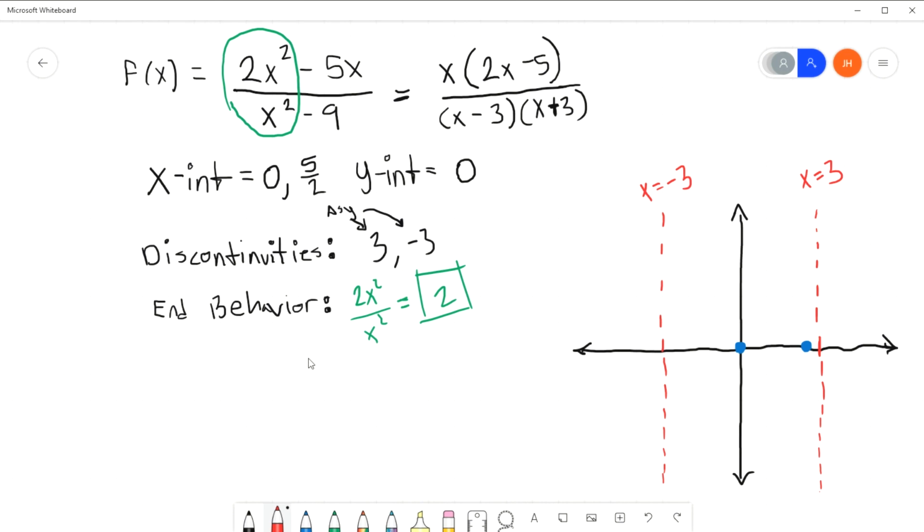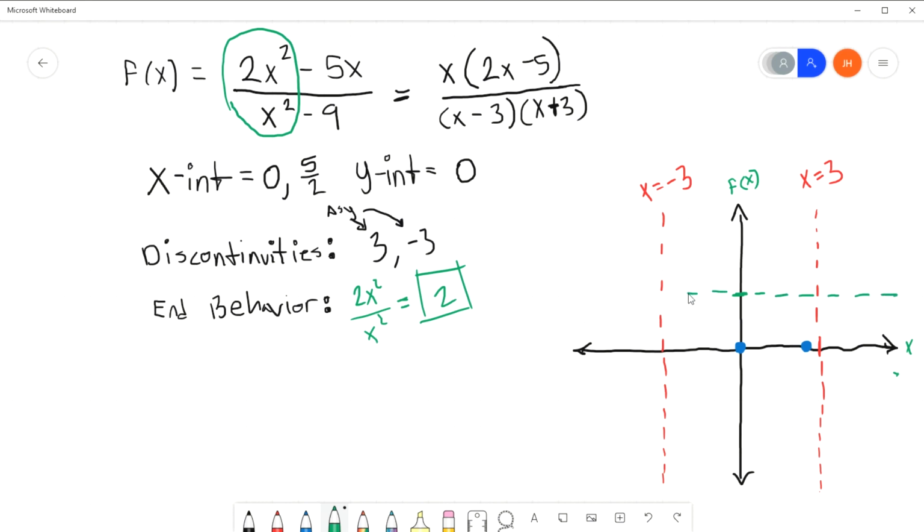And finally, I know that my end behavior should be 2. That is actually going to be at y equals 2. Because remember, guys, end behavior is talking about the function f of x, and f of x is the y-axis, whereas x is the x-axis. So I have a horizontal asymptote.